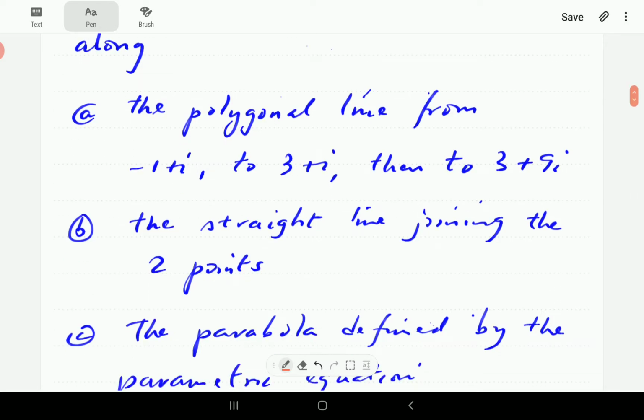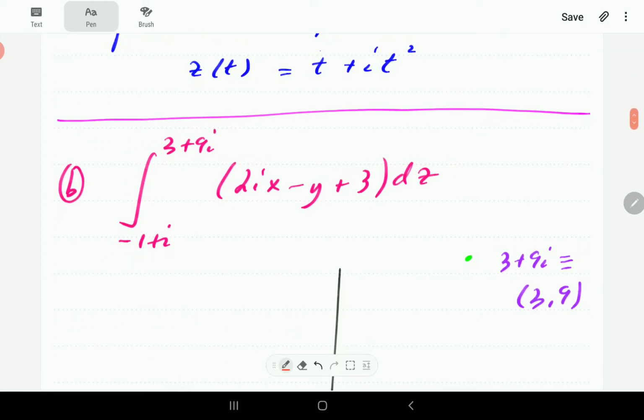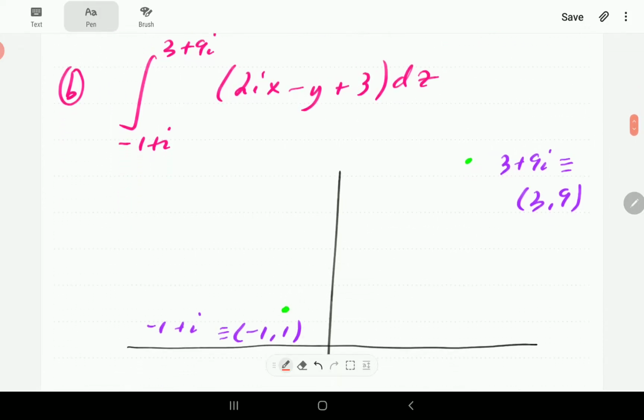In this video, we're going to look at part B, where we're evaluating this integral along the straight line joining these 2 points. So this is the integral we have.